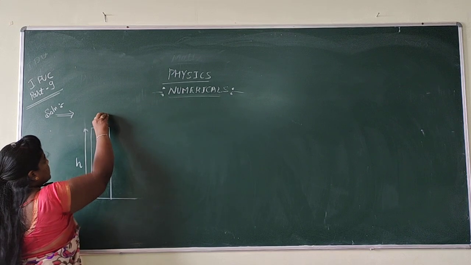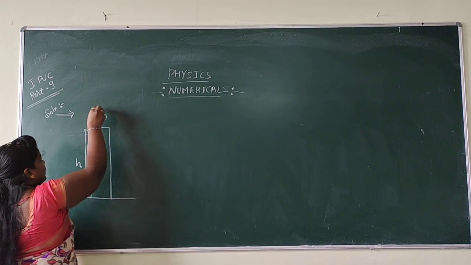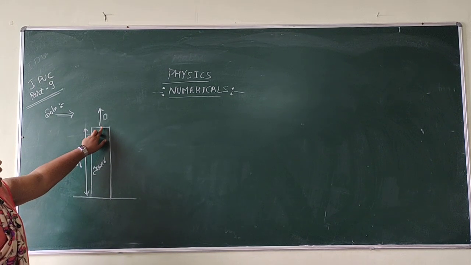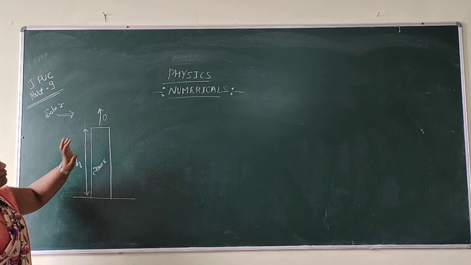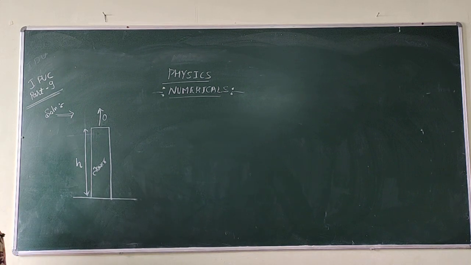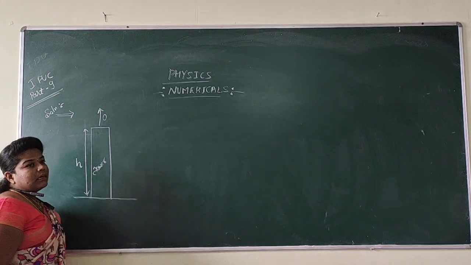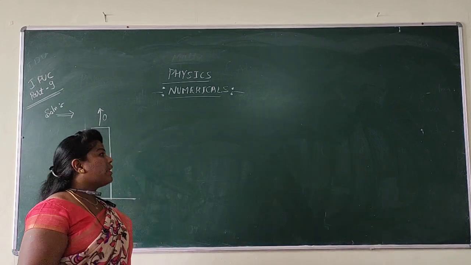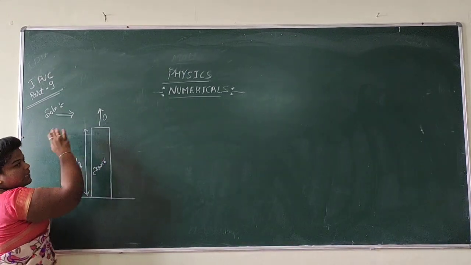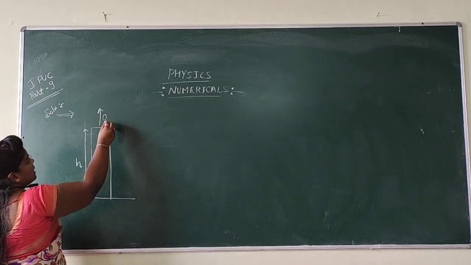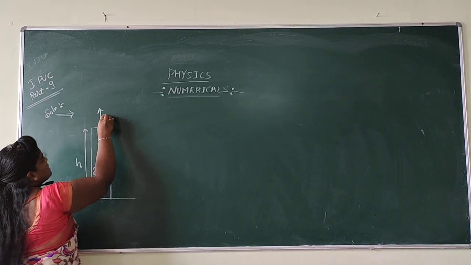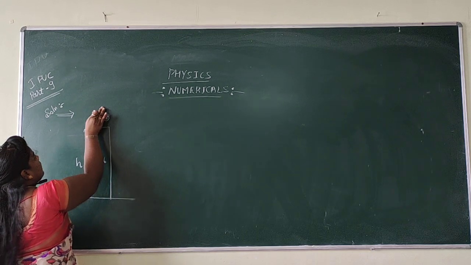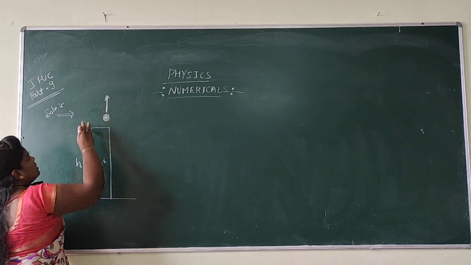We are going to project a stone vertically upwards from the top of the tower. Means from the top of the tower we are projecting a stone upwards, right? So the question continued. The velocity is 9.8 meter per second. What is the velocity of the stone? I am just going to consider the stone, where the stone is projected vertically upwards.